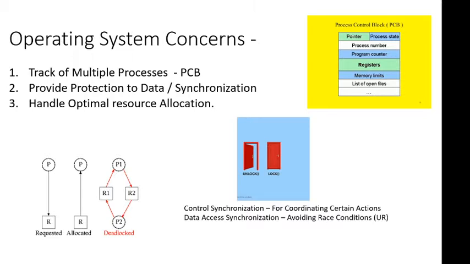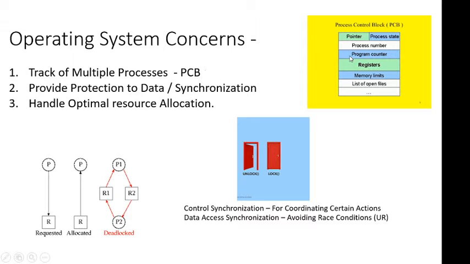So many processes are entering the system and exiting the system, new processes are coming in, old processes are dying out. So the operating system needs to keep track of all these processes. This is something we've already done. He does this with something known as a process control block. A process control block looks something like this.